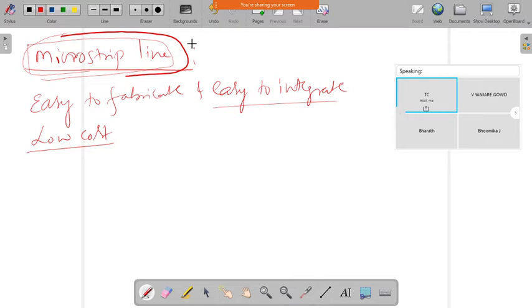Why? Because the structure is such that it can be manufactured or fabricated like the PCB circuits you generally make. Similar to PCB circuits, you can fabricate this microstrip line also.